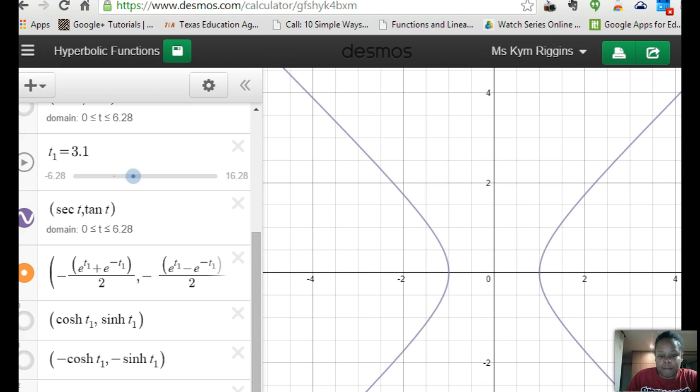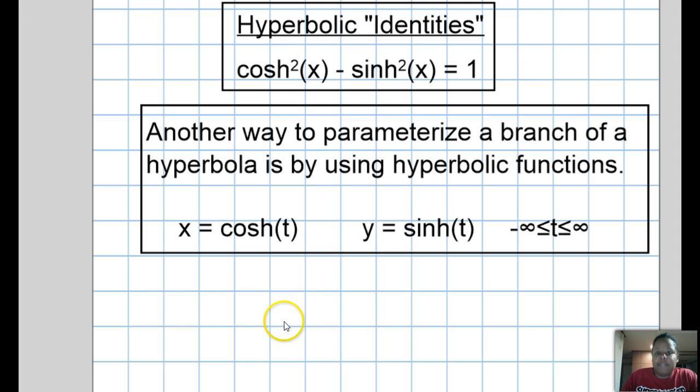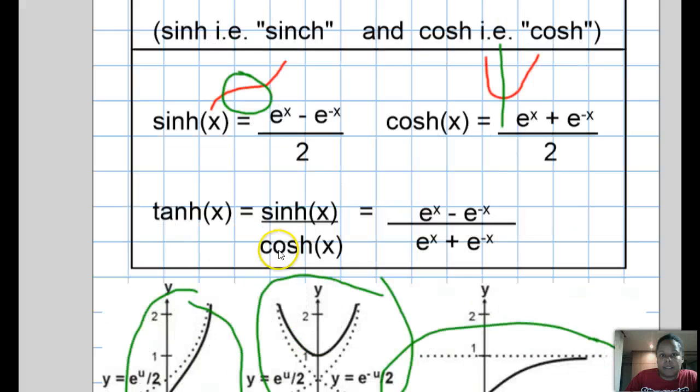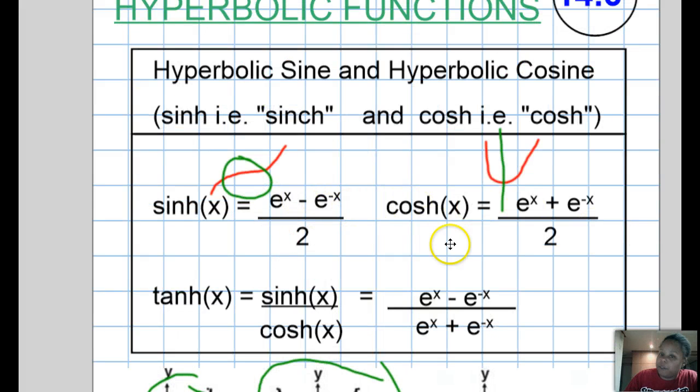So let's formalize or summarize what you need to be able to do for the skill. You should definitely know how to parameterize a branch of the hyperbola using the hyperbolic functions of cosh and sinh. You can use this notation, because this notation is basically the same thing as this notation, or you can use this notation.